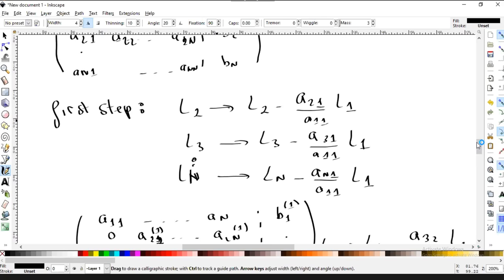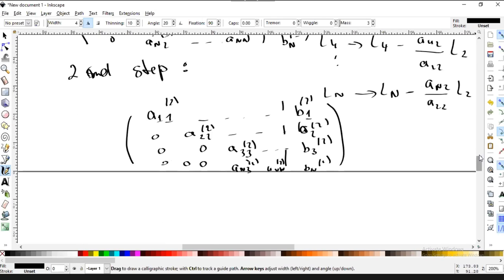at the first step, you're subtracting, you start from line 2 till n.